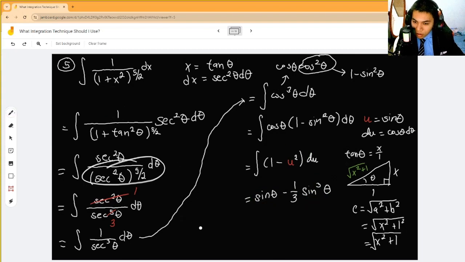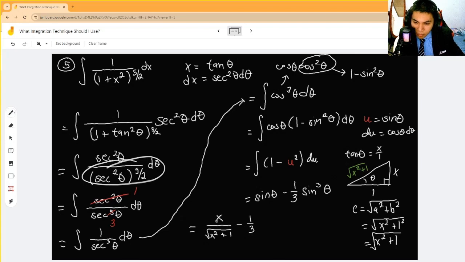So let's just do this here. So sine, again, sine is opposite over hypotenuse. So we have 1 over square root of x squared plus 1. Right? That's pretty nice. Now, minus 1/3. Again, no. Opposite side is x.